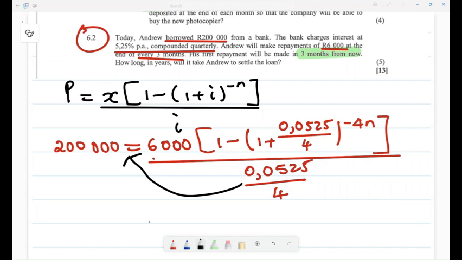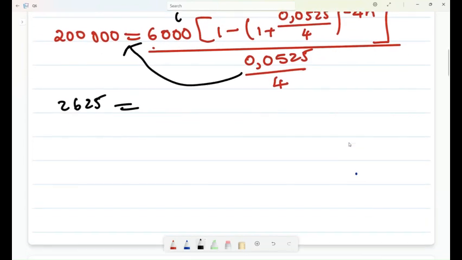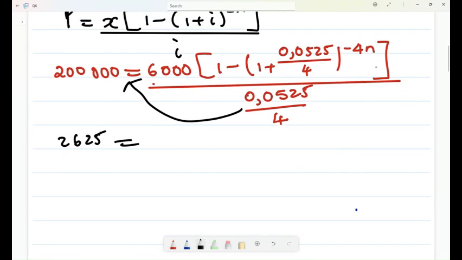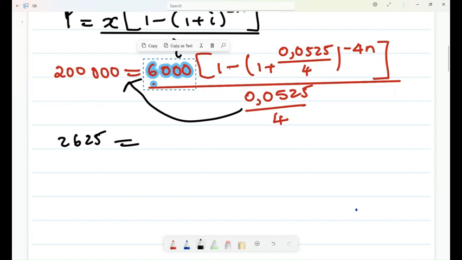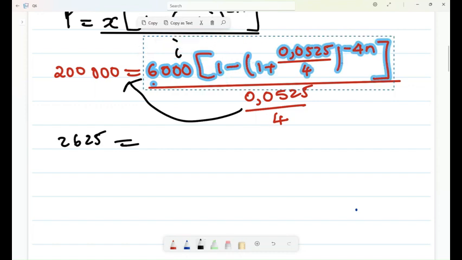We get this value here, which is 2,625. It is going to equal whatever this is here at the top, right?